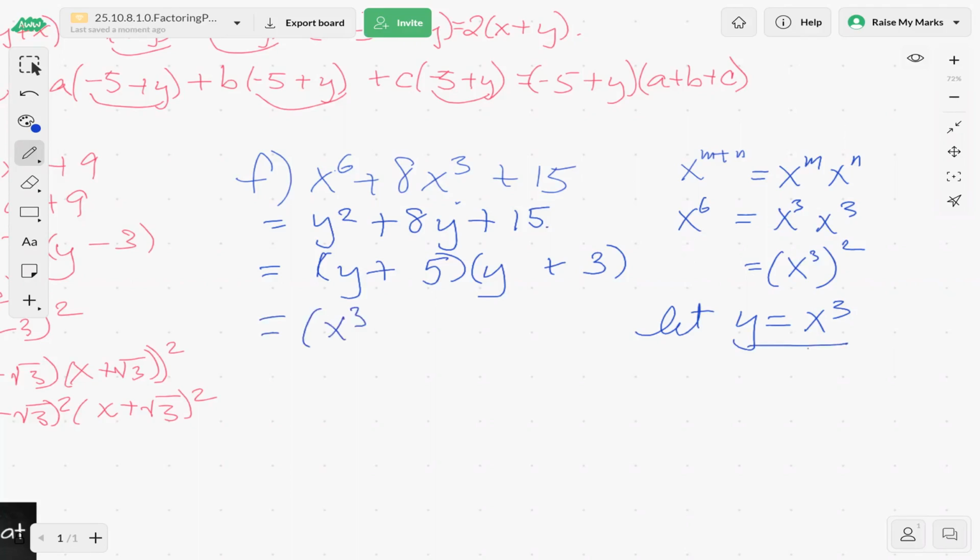So we have x cubed plus 5 times x cubed plus 3. Good, so I'm going to leave it there. It is possible to factor x cubed plus 3 and x cubed plus 5, but we're going to leave that today because it doesn't factor nicely. We don't have nice integer coefficients.